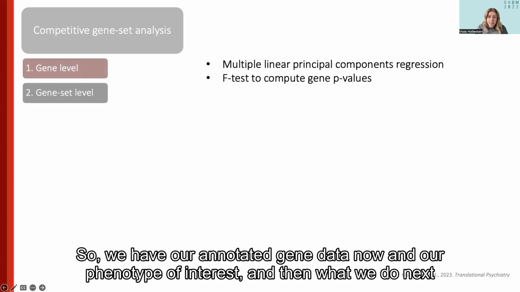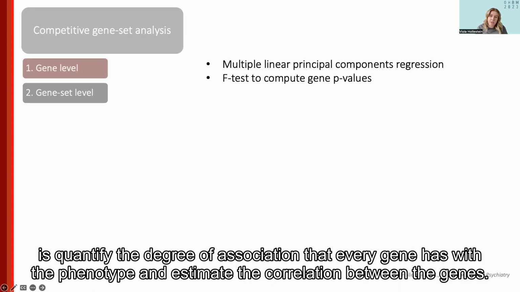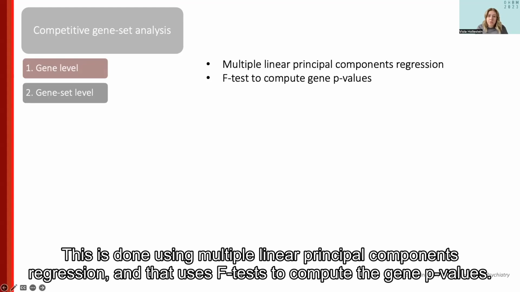So we have our annotated gene data now and our phenotype of interest. And then what we do next is quantify the degree of association that every gene has with the phenotype and estimate the correlation between the genes. This is done using multiple linear principal components regression that uses F-tests to compute the gene p-values.